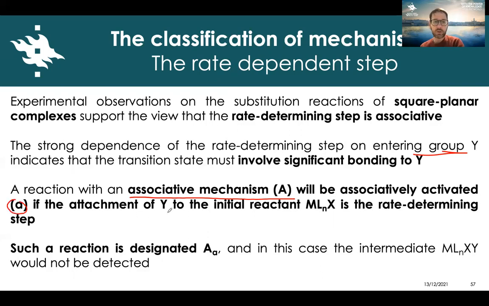So we can have a reaction with an associative mechanism having the rate determining step also associative, if the attachment of the entering group to the initial reactant is the rate determining step. This reaction can be designated as AA, showing that we have an associative mechanism with an associative rate determining step.